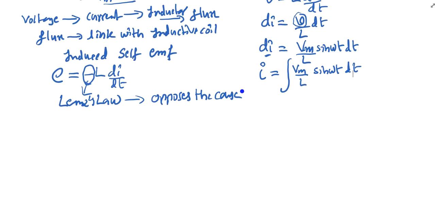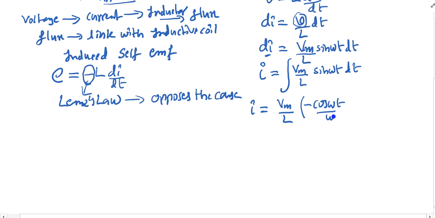If you further simplify this equation, I can write I is equal to Vm by L integral of sin omega t, which is minus cos omega t by omega.